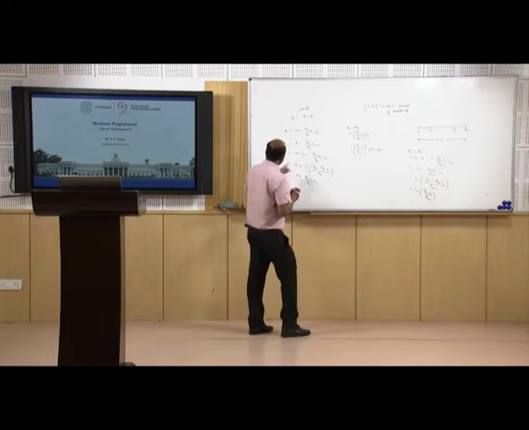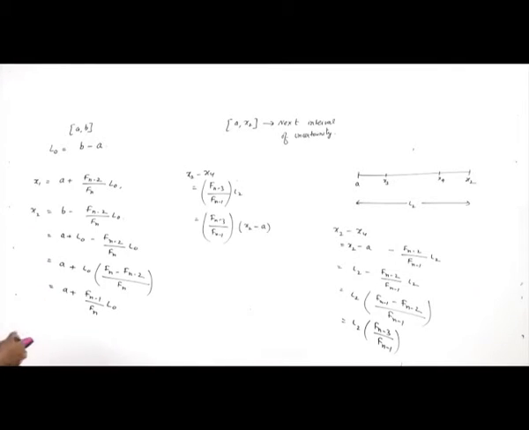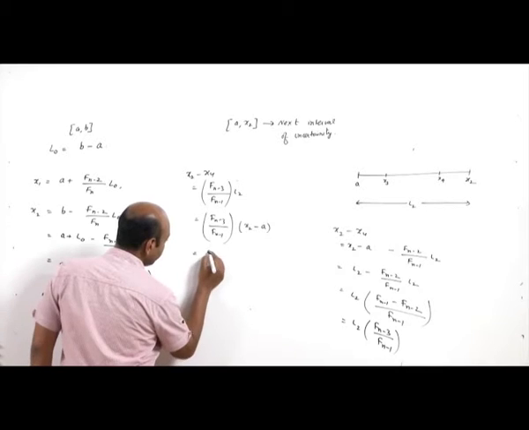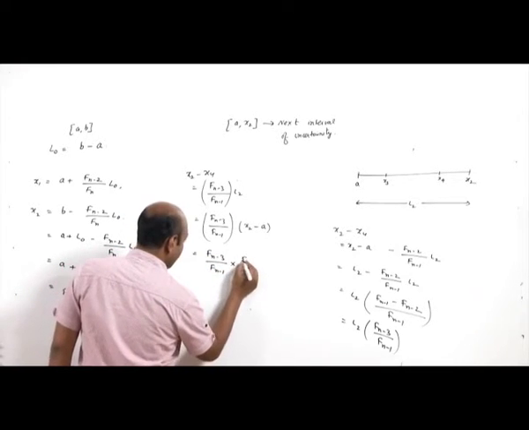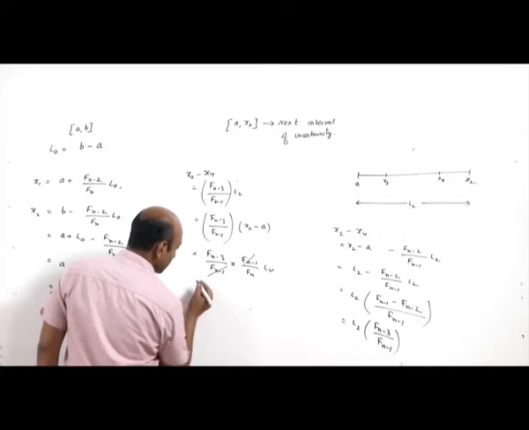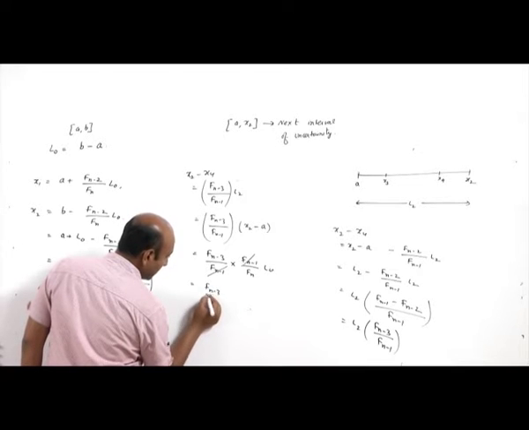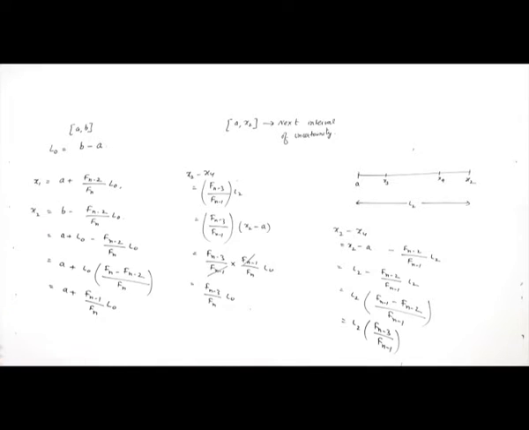Now, what is x2 minus a from here? x2 minus a from here is Fn minus 1 upon Fn into L naught. So, this cancels out and it is Fn minus 3 upon Fn into L naught, and which is equal to x2 minus x1.